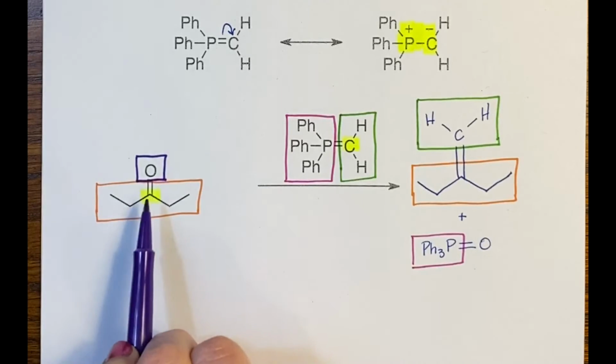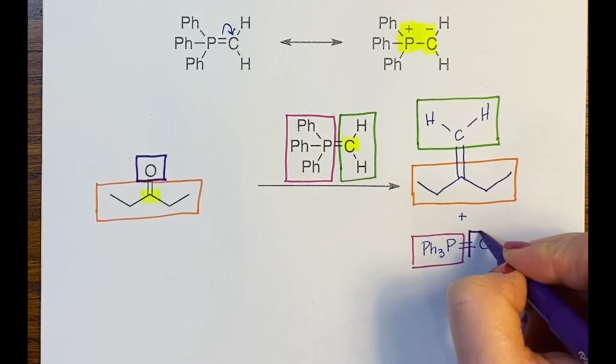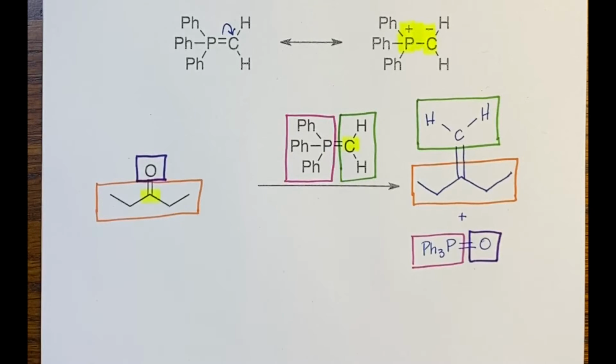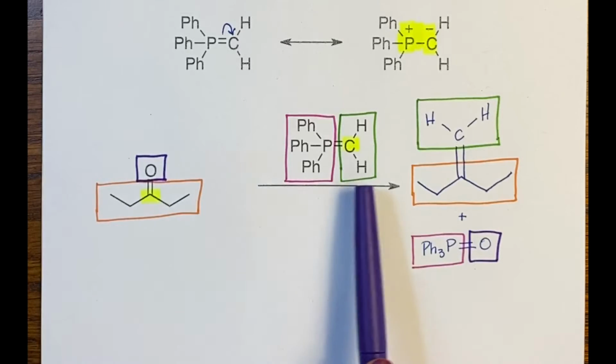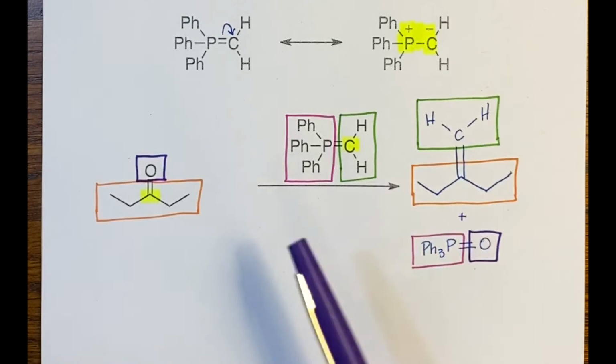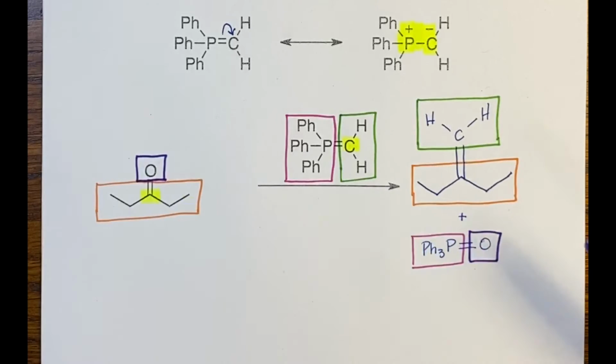And my oxygen from my original ketone is right here. So again, I started out with 4 components that were bonded together and they changed partners. I now have the orange and the green group bonded together in my carbon-containing product that I'll carry forward in a synthesis. And I have my pink group and my purple group bonded together in a byproduct that I'll be separating out during the workup in my reaction.